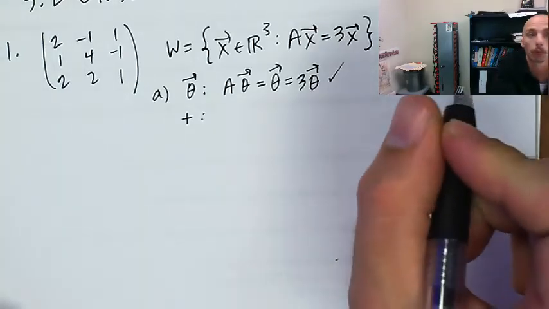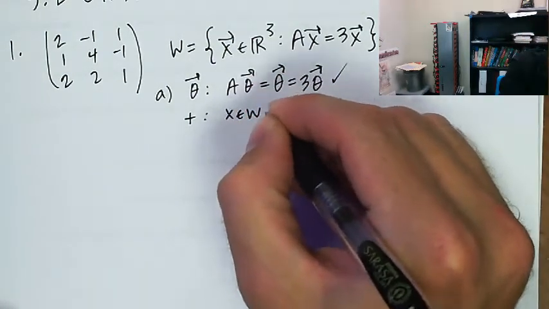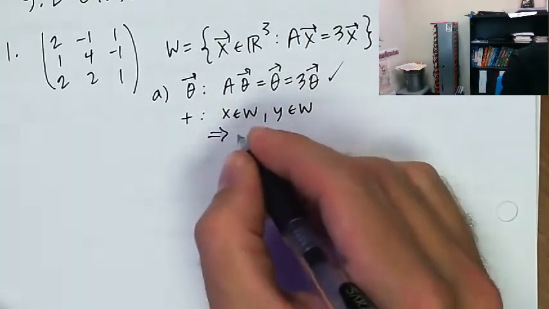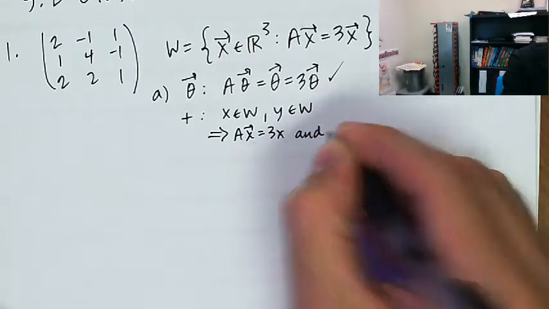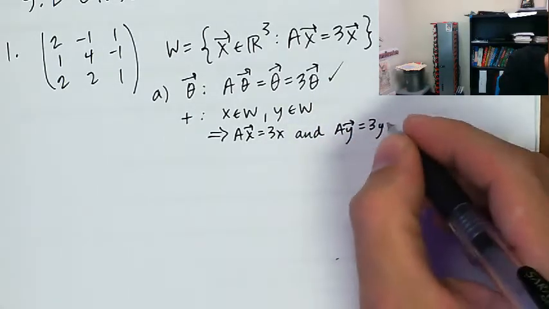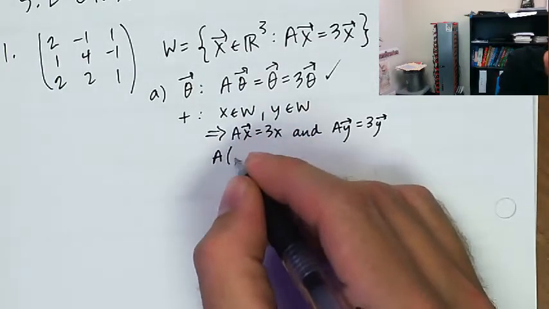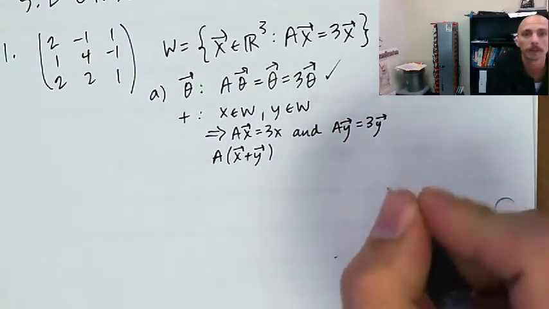suppose X and Y are in W. Okay, that means that AX equals 3X and also AY equals 3Y. So if I take A and multiply it by X plus Y, am I going to get 3 times X plus Y?